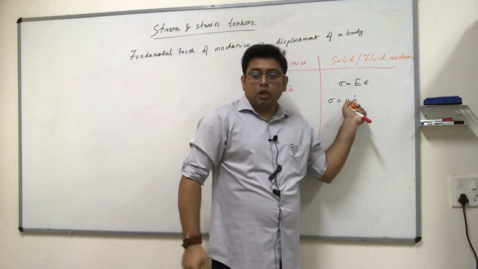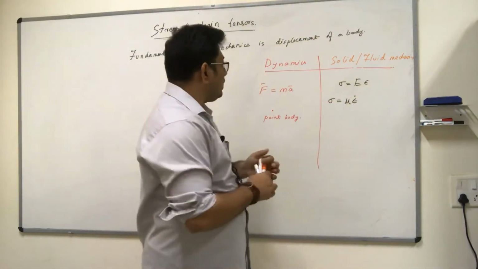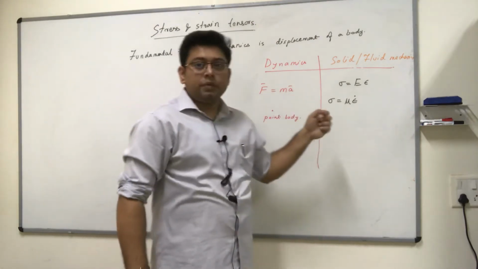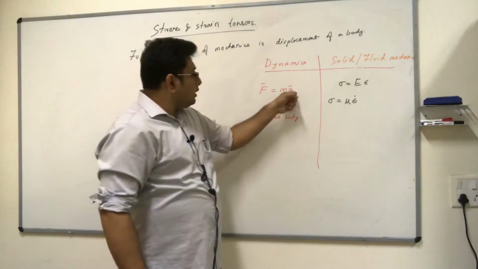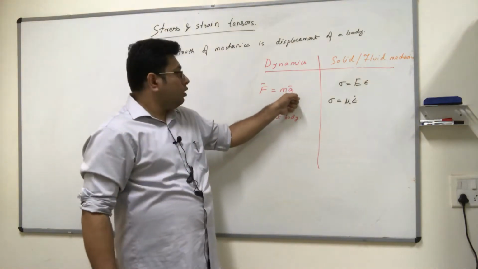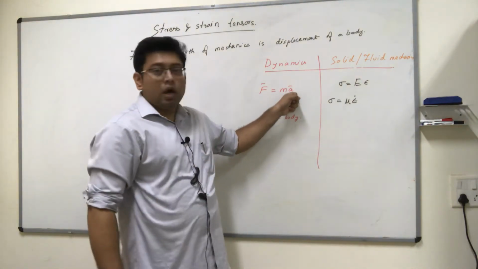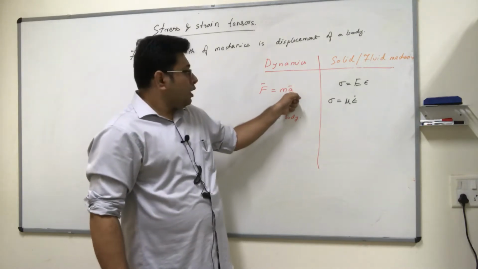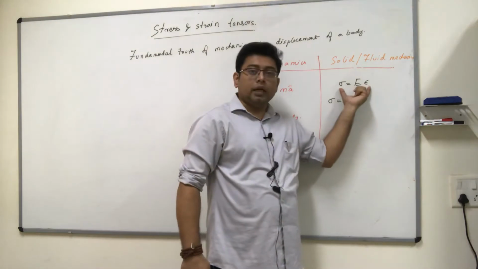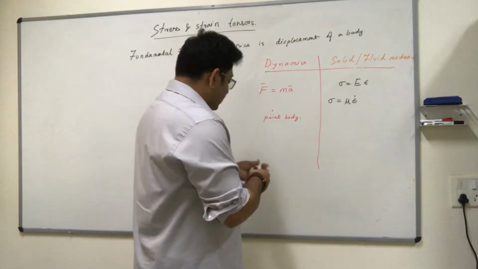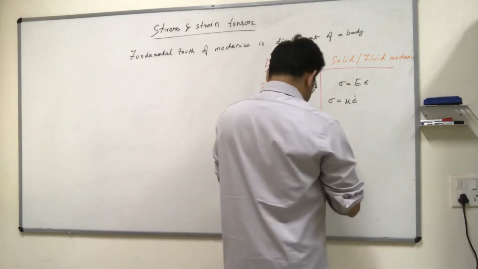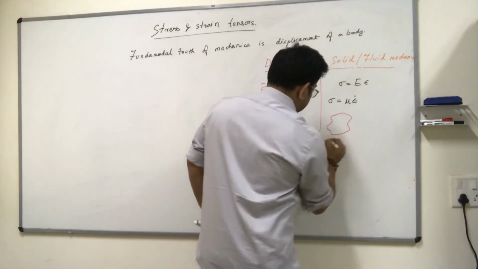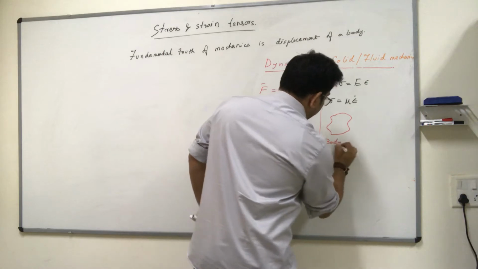Okay. So there are a few important things here. One is the way we are looking at displacement changes. Here we are looking at the displacement of a body. So we are just interested in understanding how a body is moving in time and space, right? Here, on the other hand, we are now interested in deformation of a body. Right. So you have a body, so this is some body, and this is a finite body now.